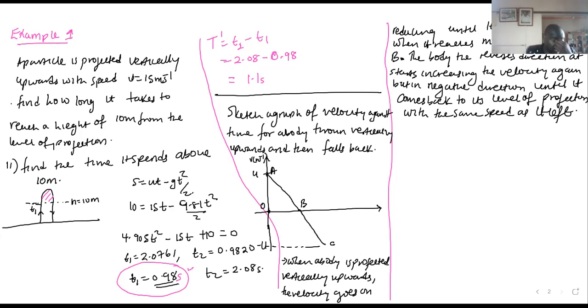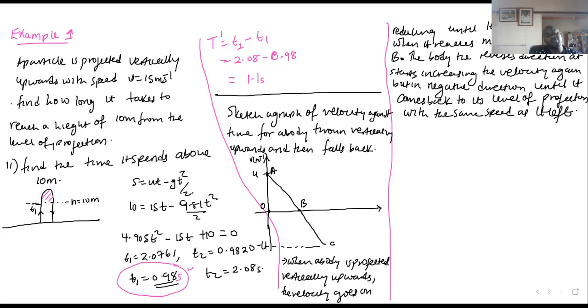Okay, so that is the explanation for that graph. The particle is projected upwards with a speed u, goes on reducing until it reaches maximum height, where the velocity becomes 0. And then at maximum height, the body will reverse direction.